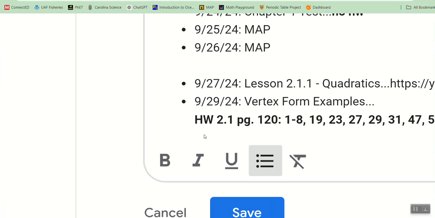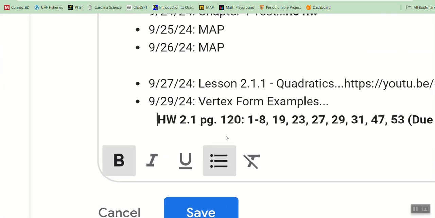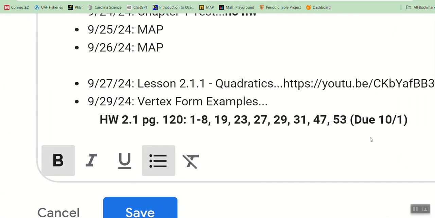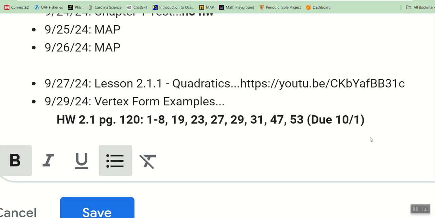You get homework 2.1. Okay. Homework 2.1, page 120. You get problems 1 through 8, and I have the sneaking suspicion, did I tell you guys I was going to quit doing vocab? Yeah. I lied to you.